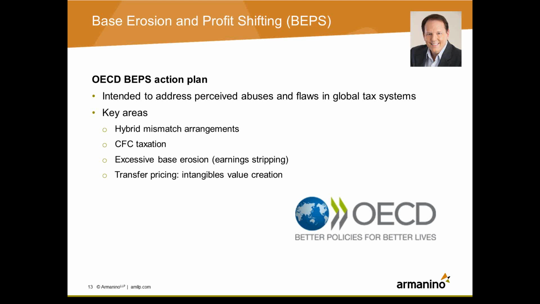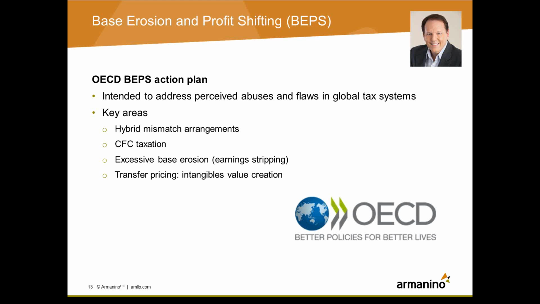So, for example, a hybrid instrument is a simple example. If a foreign parent, for example, advances money to the U.S. subsidiary, and that instrument is viewed as debt from a U.S. tax perspective, any payments the U.S. subsidiary makes to the foreign parent would be treated as deductible interest. But if the foreign parent views that instrument as equity, any payments on that instrument are going to be deemed dividends.